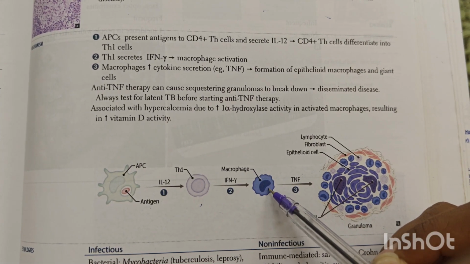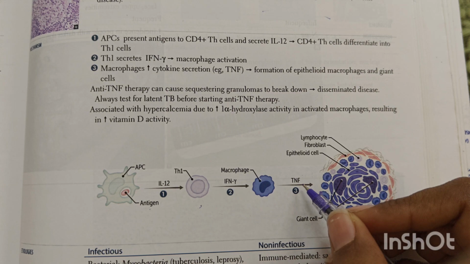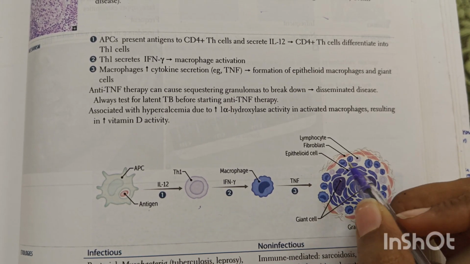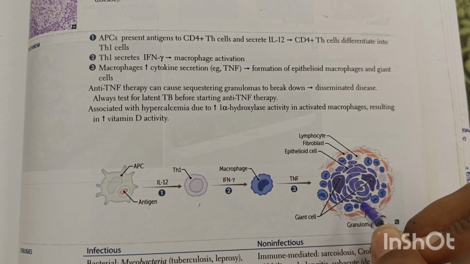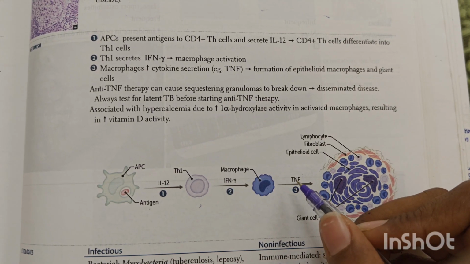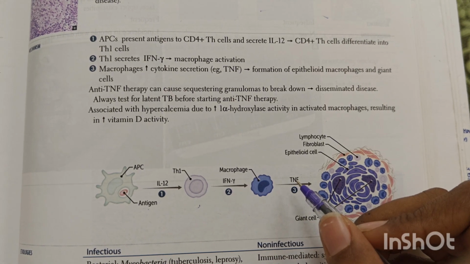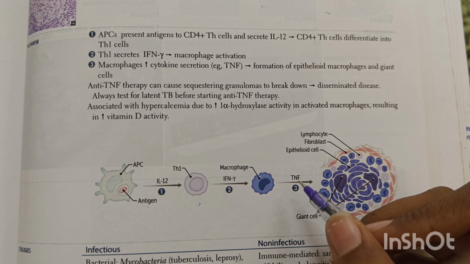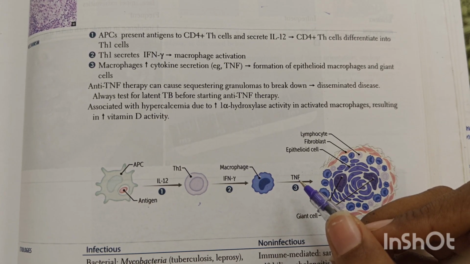As the macrophage is activated, it will lead to increased cytokines, especially TNF, that will lead to formation of epithelioid macrophage and giant cell. So anti-TNF therapy is used to break the granuloma. Always test for latent TB before starting anti-TNF therapy.